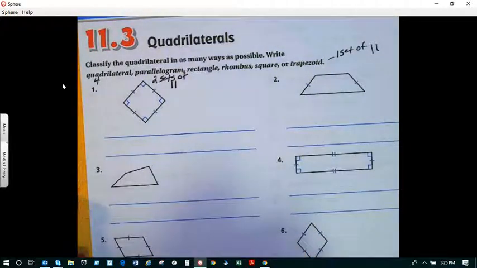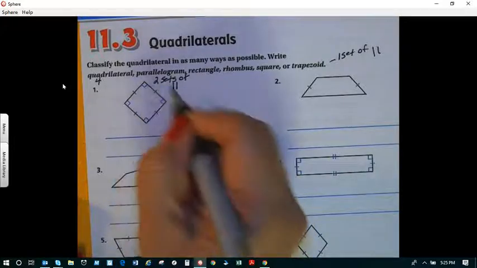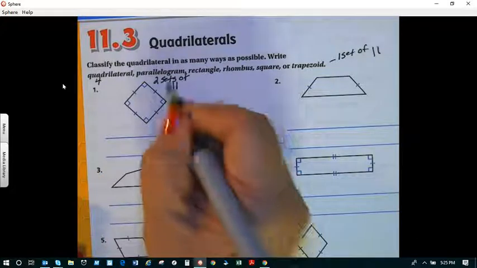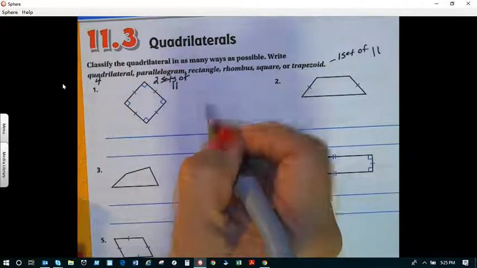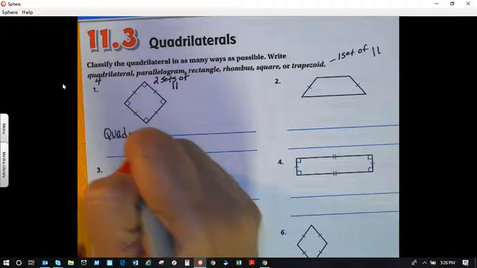We did the first 6 together. So we said that this rhombus looks like a diamond. We don't use the word diamond anymore. It's rhombus, but it is a quadrilateral, so I'm going to write the word quadrilateral.